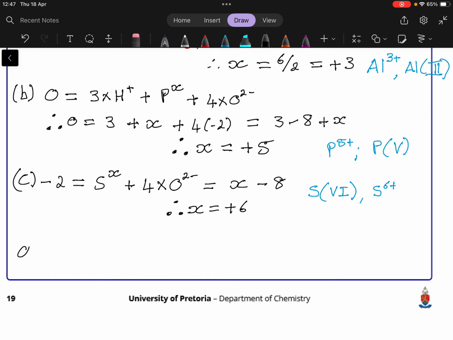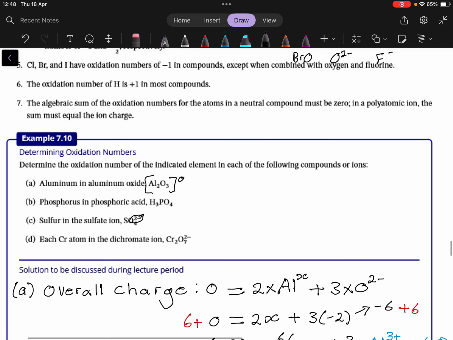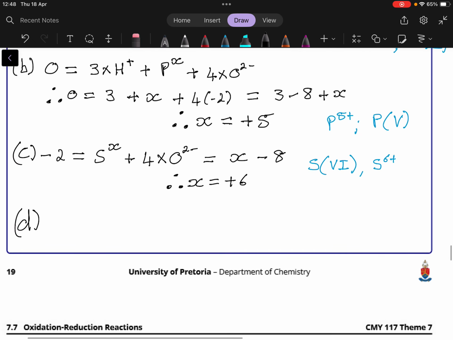So we're at our final one. We're looking for the chromium atom in the dichromate ion. So again, the overall charge is minus 2. 2 times chromium x plus 7 times oxygen 2 minus is equal to 2x plus 7 times minus 2.